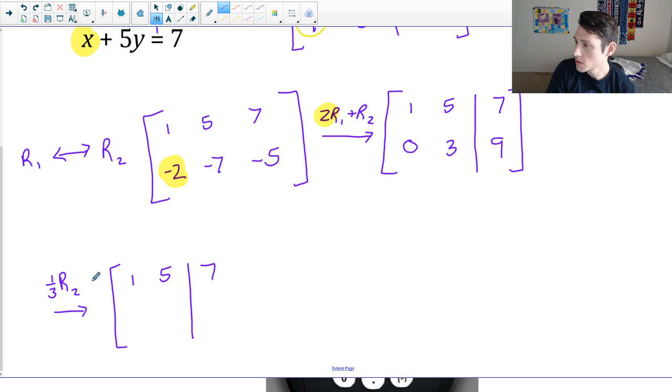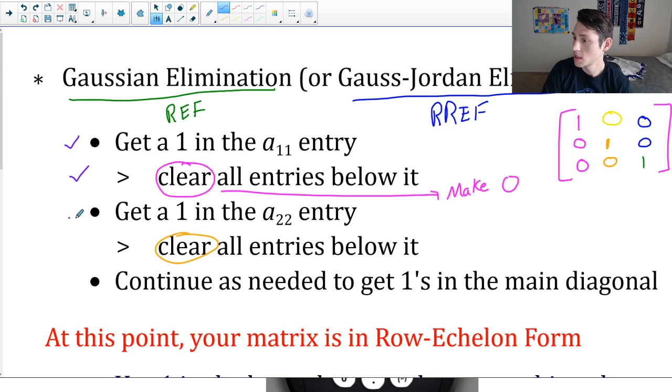Row 2 times 1/3: 0 times 1/3 is 0. 3 divided by 3 is 1. 9 divided by 3 is 3. So get a 1 in the A22 entry, done.